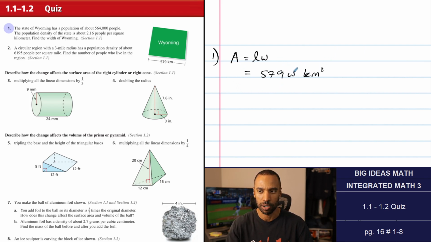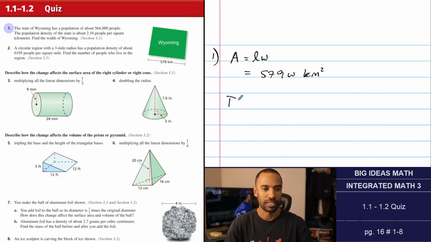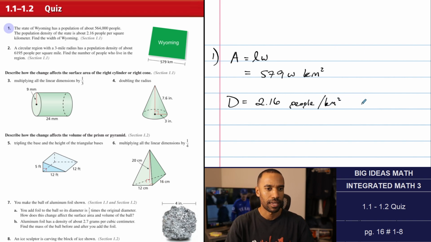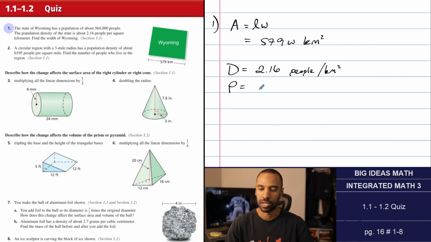So there's an area in terms of width. We don't know what the width is yet. That's something we're going to solve. Now the density is 2.16 people per square kilometer, and then we have a population of 564,000 people. So population equals 564,000 people.